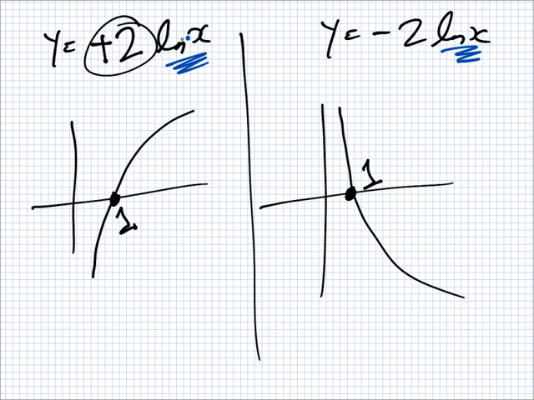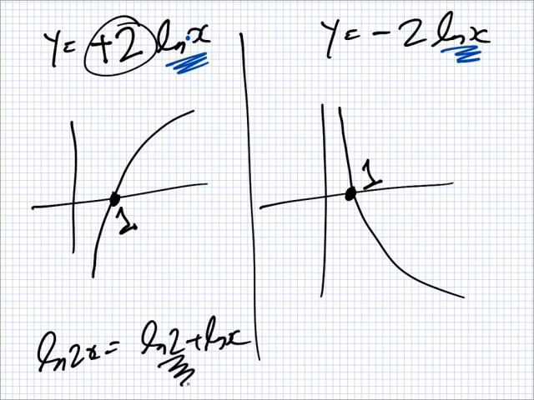But, I mean, you can think about it like this. If you had log of 2x, you could change that into log 2 plus log x. So what's the effect of having the log 2 here in the graph? How does the graph change if you add a number to it? If you have a quadratic, like x squared, but add a number to it, what happens to the graph?